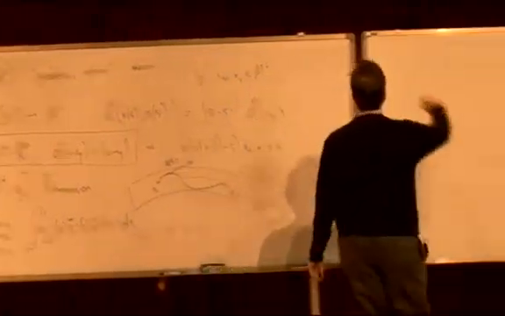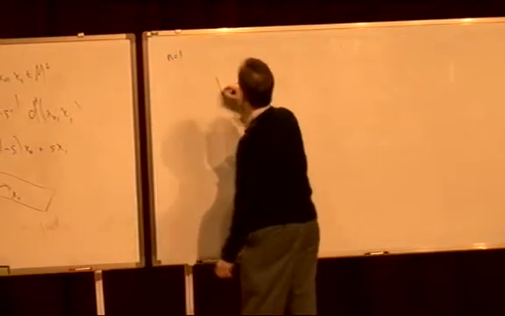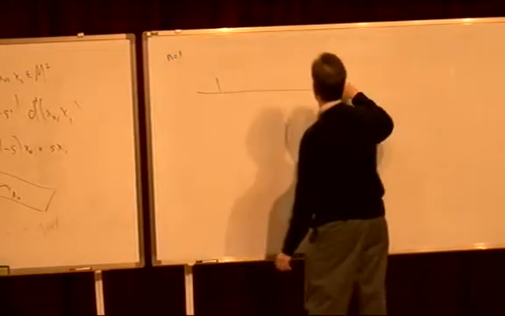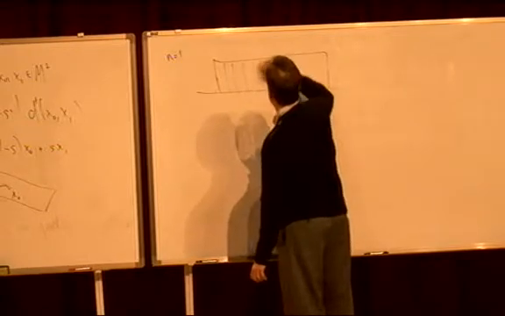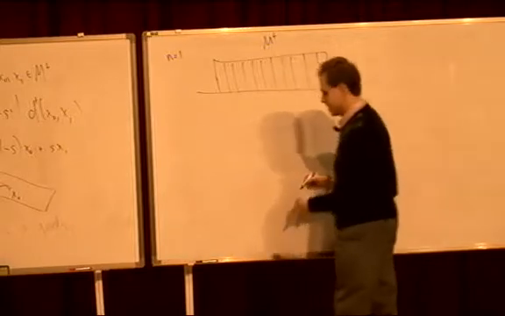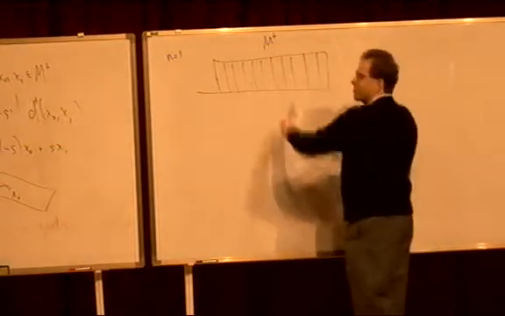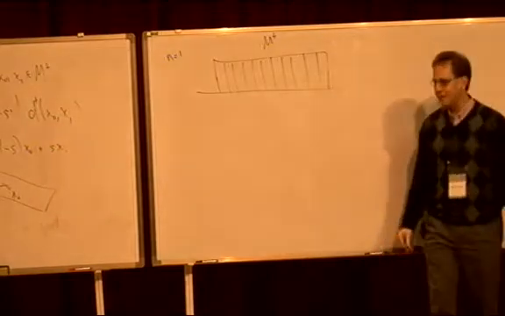So in one dimension, you might imagine having a row of books on your bookshelf. That could be your mu plus. And you might want to move them one place to the right. So your mu minus would be the same thing translated one position to the right.